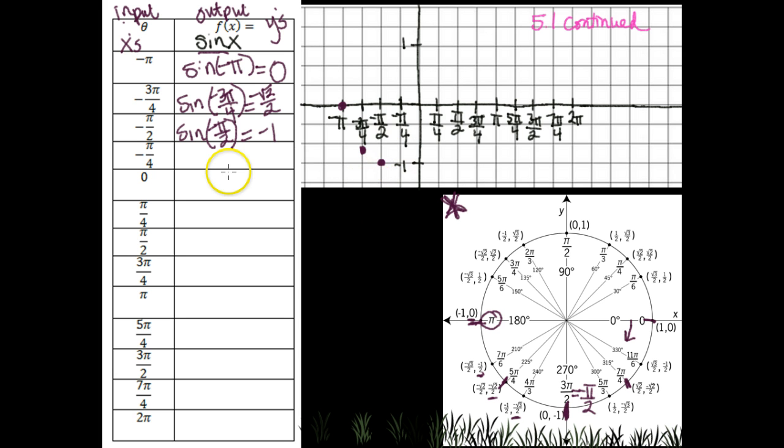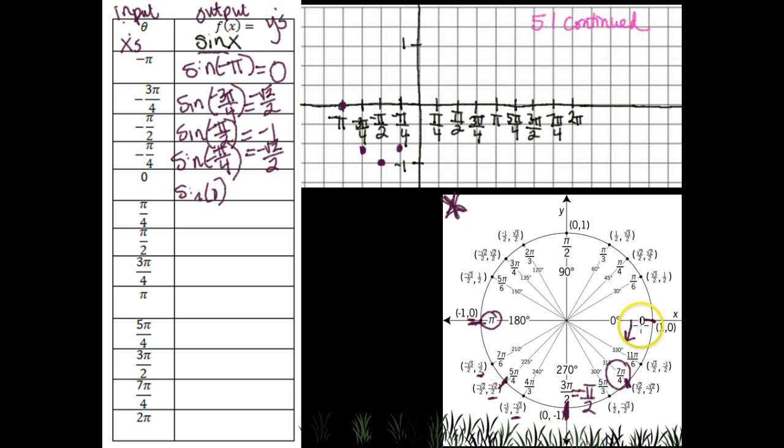Okay, now at negative pi over 4, can you see that that's equivalent to 7 pi over 4? So what's the sine of negative pi over 4? Well, what's the y value associated with that point on the unit circle? It's negative root 2 over 2. So that brings me back to this point. Now, what's the sine of 0? Well, we go to the unit circle.